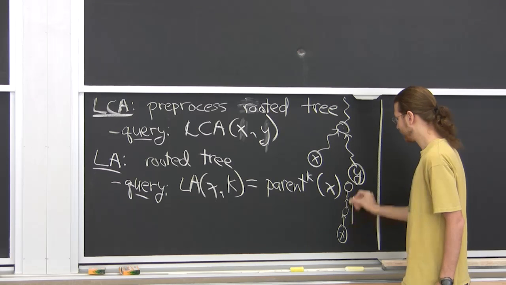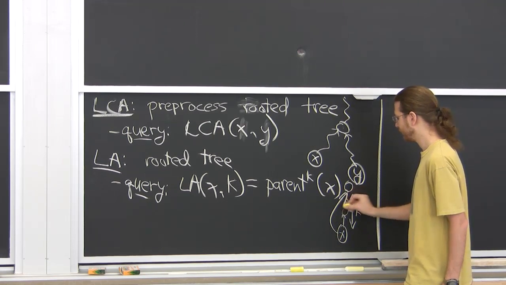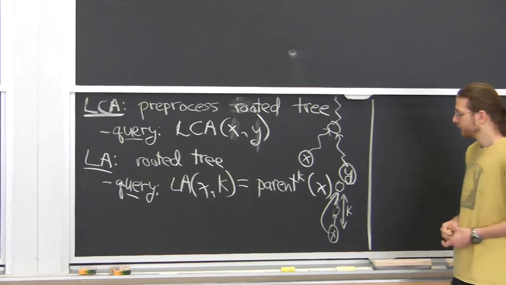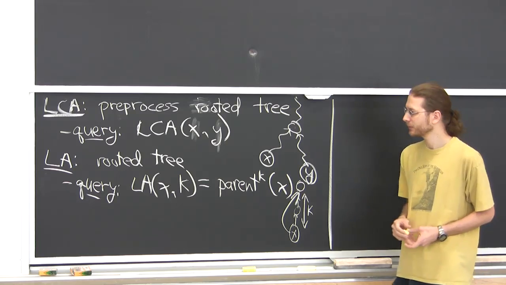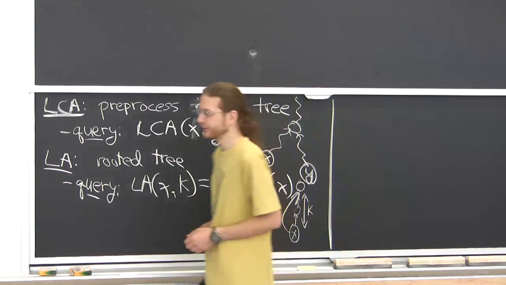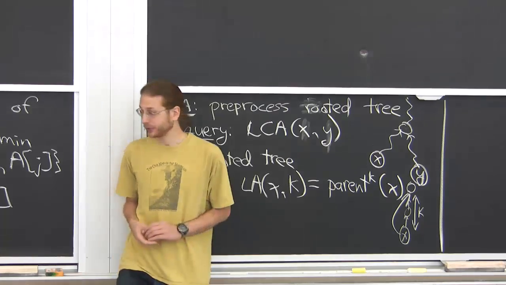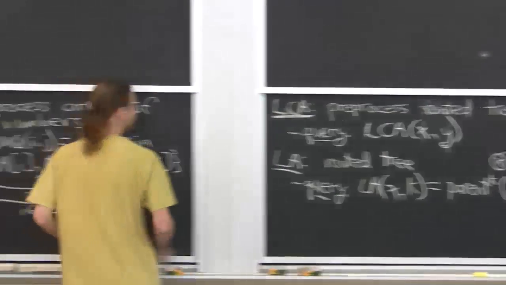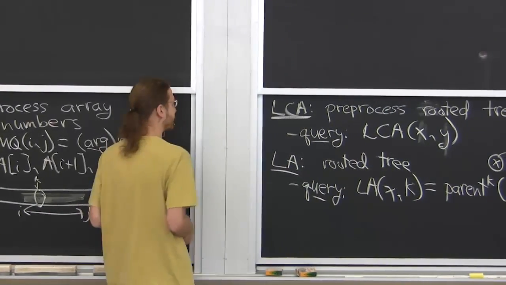Eventually I want to get to the kth ancestor, so I want to jump from x to there. So it's like teleporting to a target height above me. Obviously, k cannot be larger than the depth of the node. So these are the three problems we're going to solve today: RMQ, LCA, and LA.